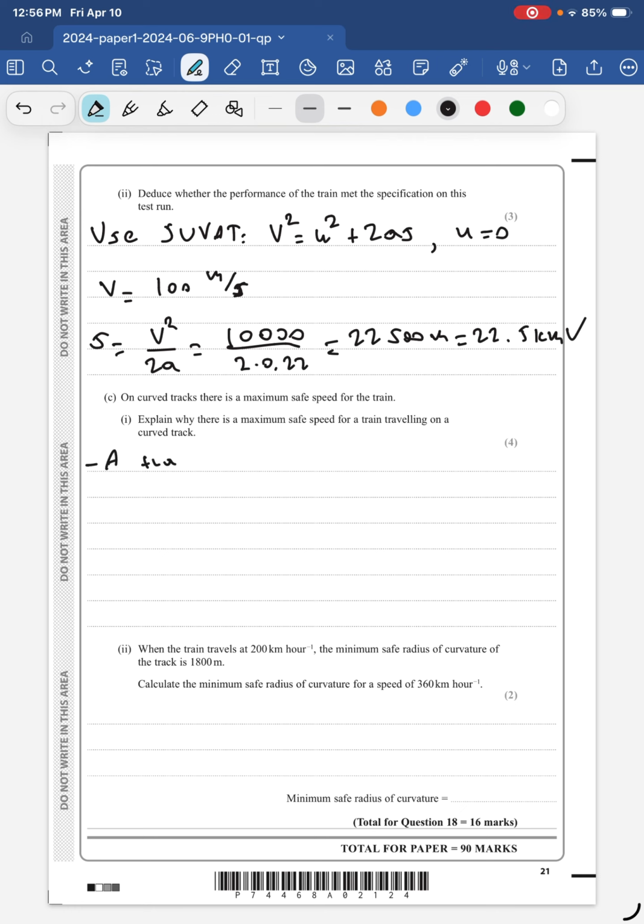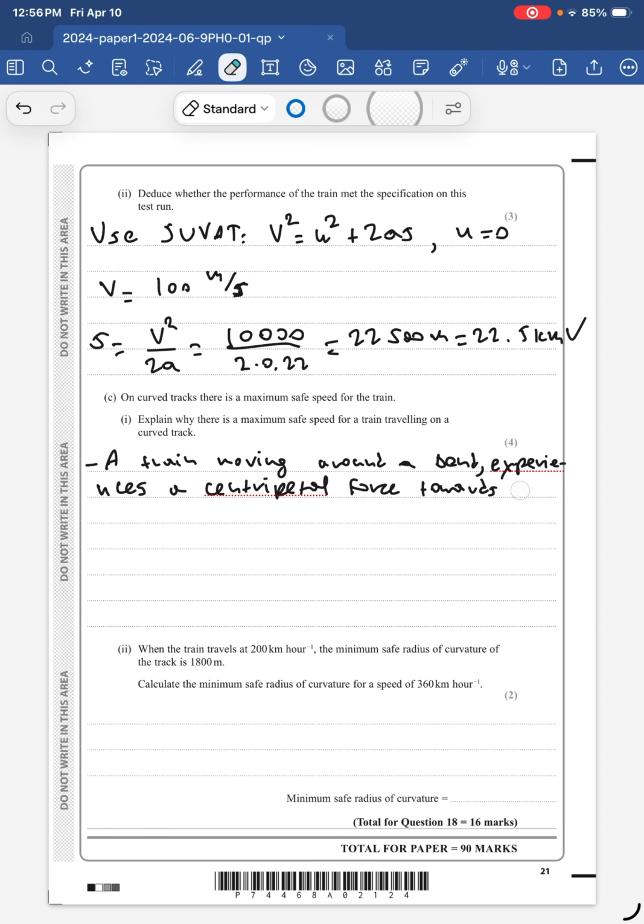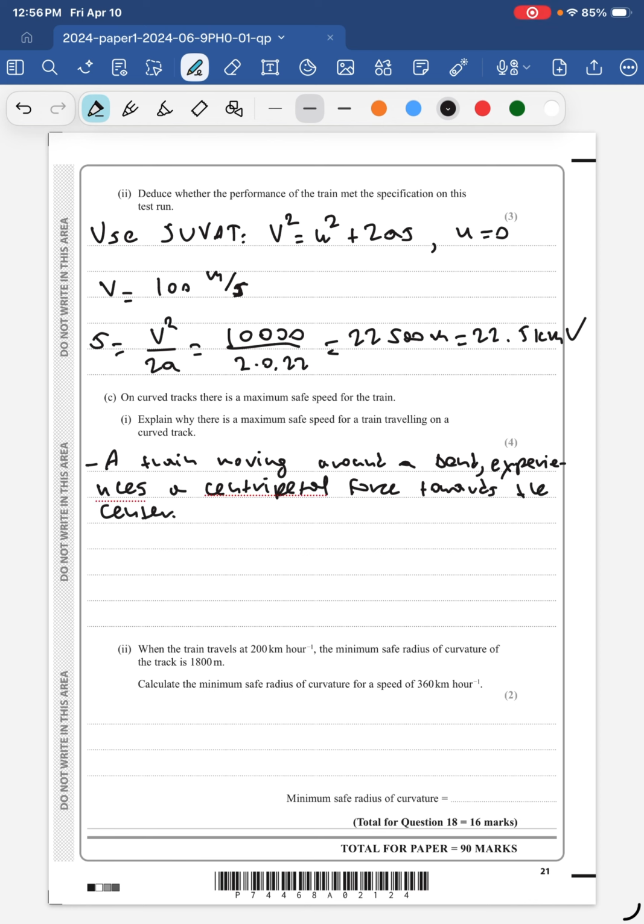So a train moving around a bend experiences a centripetal force towards the center. Towards the center, okay. And whenever we say center, we mean inwards, pretty much an inwards force.